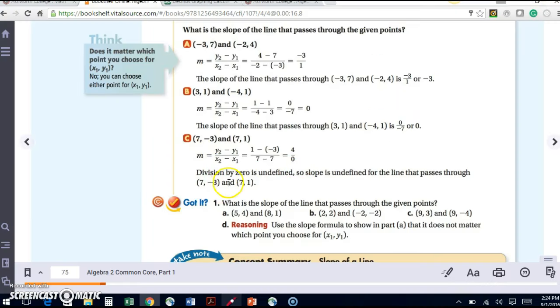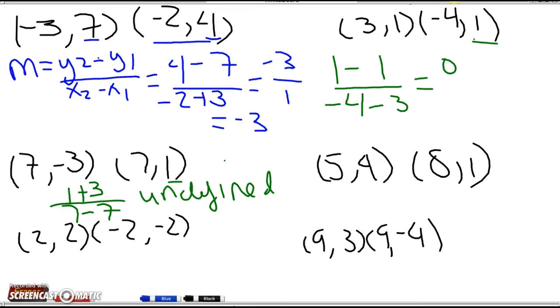Yep, it says division by 0 is undefined, so the slope is undefined. Lines with undefined slope are vertical, so this is like x equals 7.